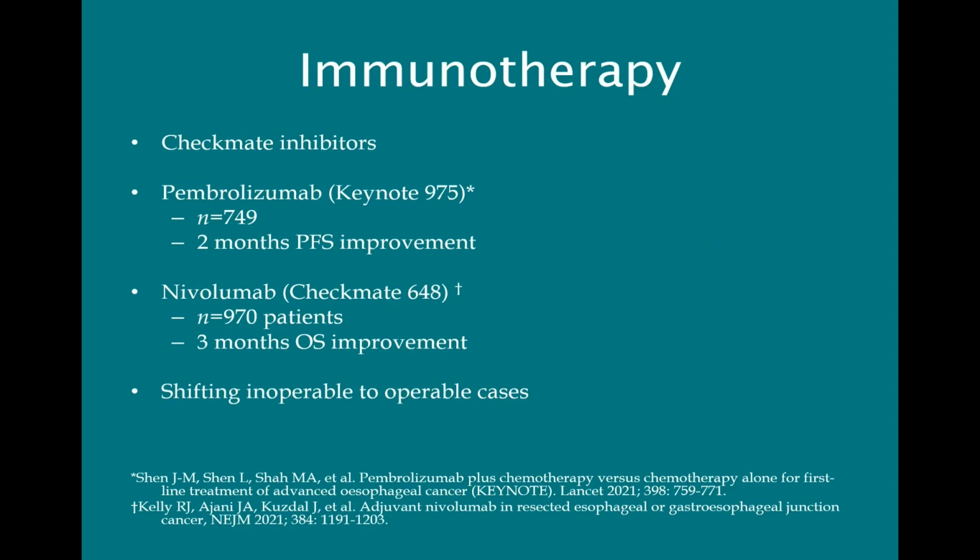But what we are noticing is that a small group of these patients on these treatments are being shifted from either inoperable locally advanced cancers, or on a few occasions with metastatic disease at presentation, to now an operable cancer. And so we've certainly noticed an increase in the number of esophagectomies being performed for this group of patients.